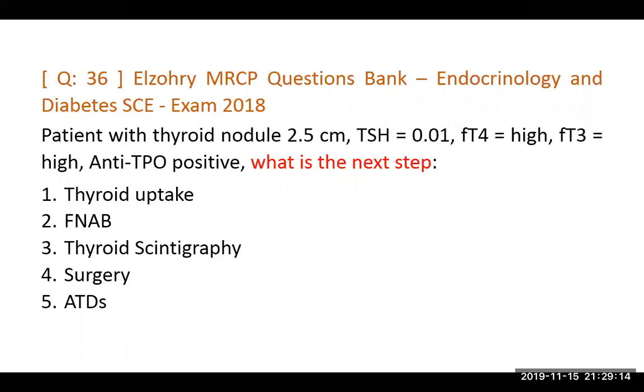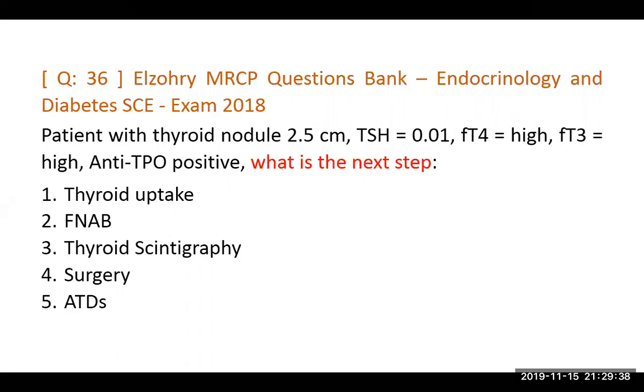Is it a toxic nodule or not? The only way to know if a thyroid nodule is hot or cold or warm is thyroid scintigraphy. A thyroid uptake will give a high uptake, which means maybe toxic nodule, maybe Graves' disease, maybe toxic multinodular goiter, and so on.